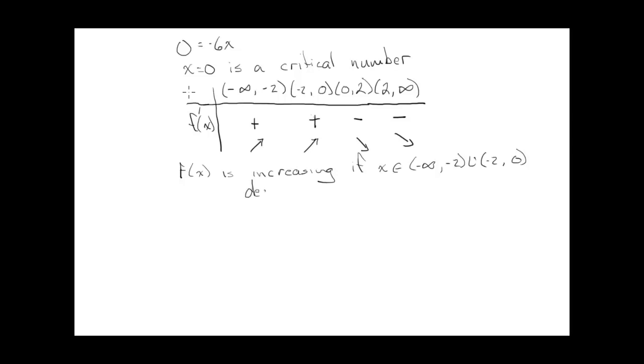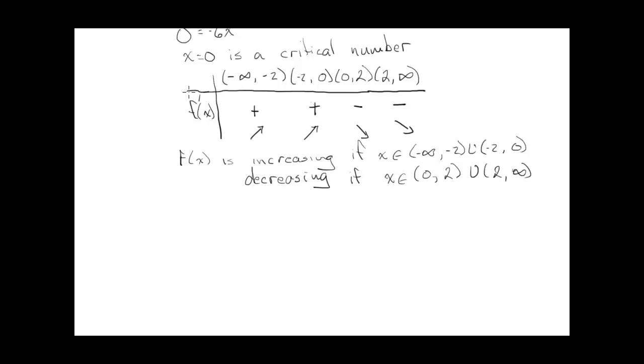And decreasing if x is between 0 and 2, or 2 to infinity. Again, don't combine those intervals because the function is undefined at 2. So that's our intervals of increase and decrease.